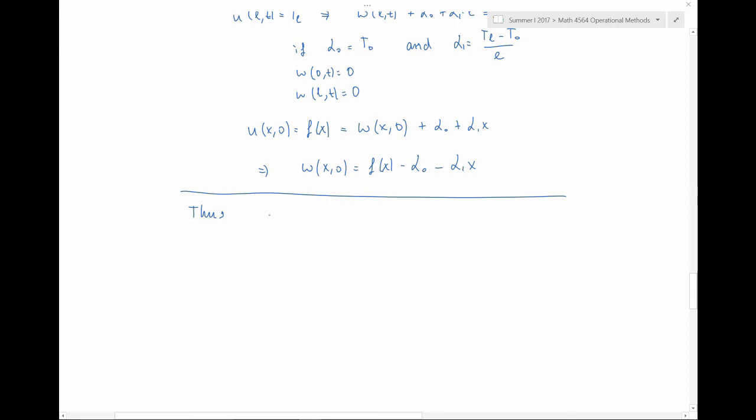We would just say that alpha naught is T naught and alpha 1 should be T_l minus T naught over l, and solve a new problem with boundary conditions w of 0,t equals 0, which should also be equal to w of l,t, and w of x,0 should be the slightly modified f of x.